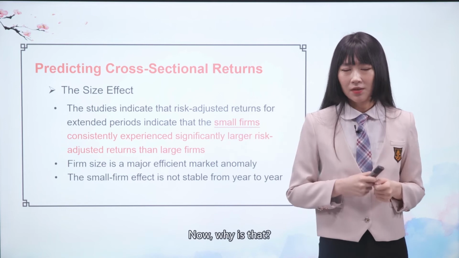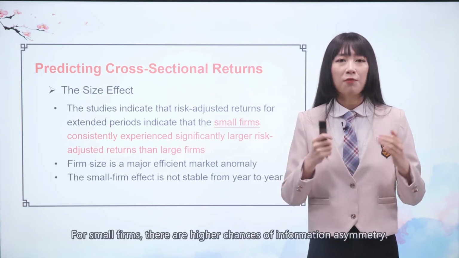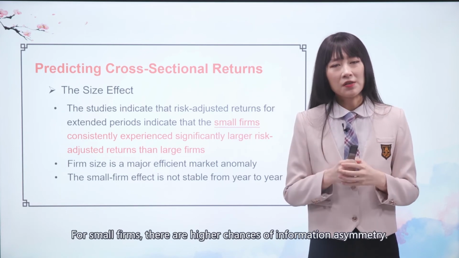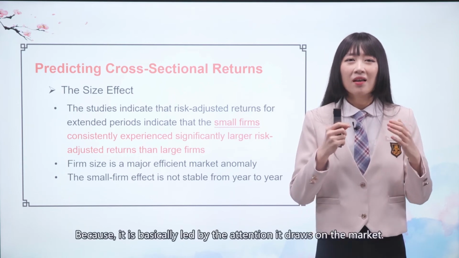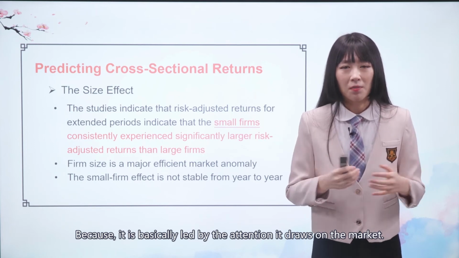Now, why is that? It's because of the quality of information. For small firms, there is a higher chance of information asymmetry, which is basically led by the attention it draws on the market.